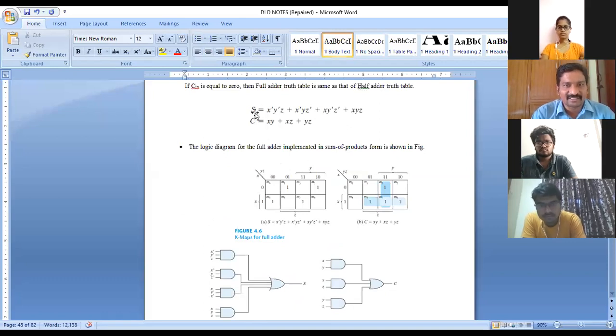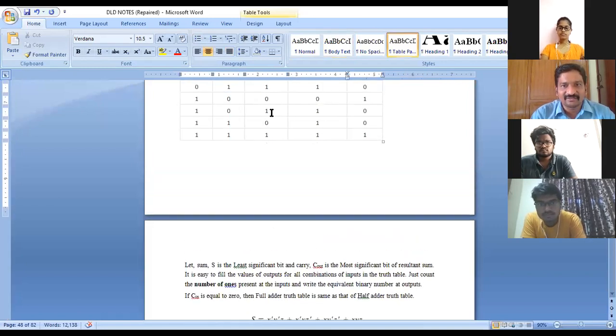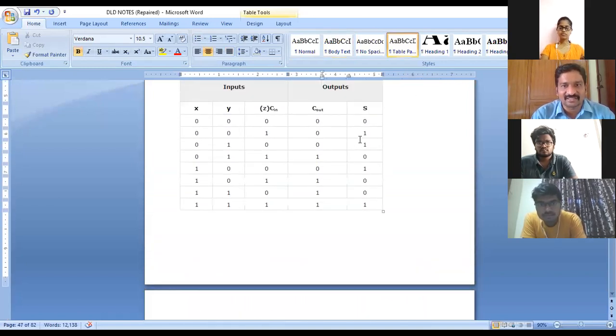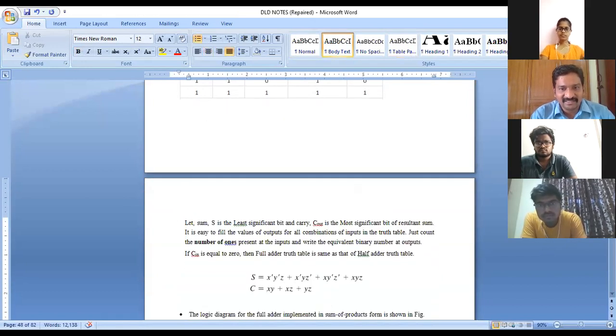For S, wherever S equals 1, that is x' y' z plus x' y z' plus x y' z' plus x y z.